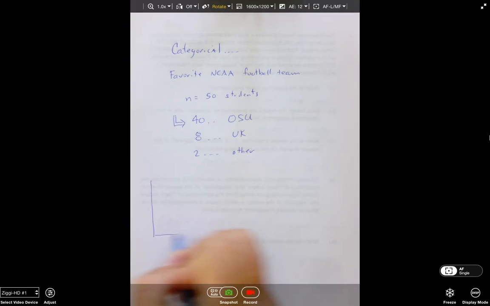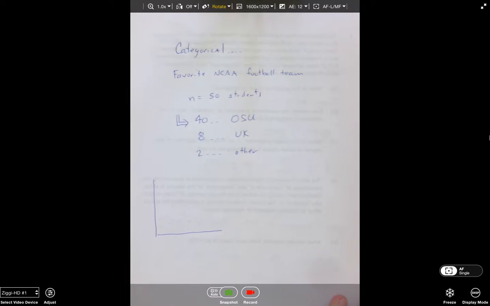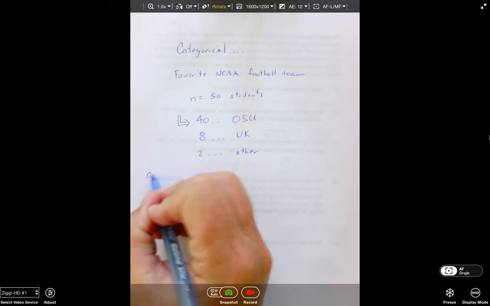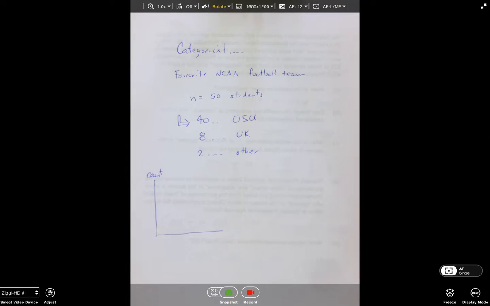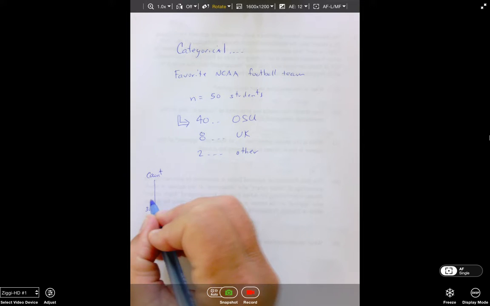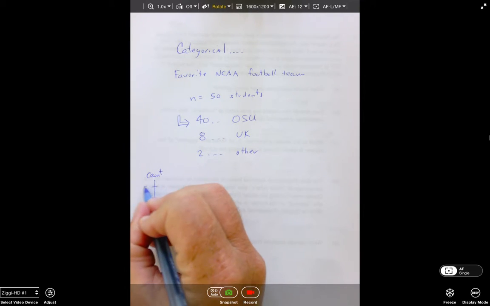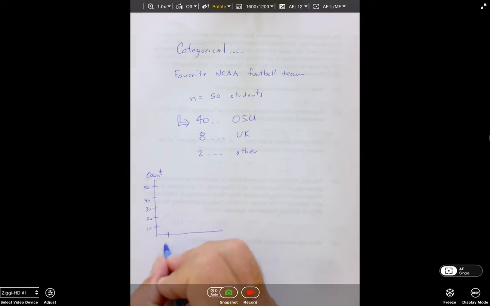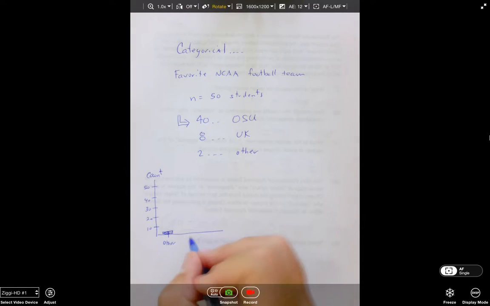One thing we could do is create a bar chart. We could set this up either as a frequency or a count. I'm going to set it up as a count. 40 is my biggest. There's no natural ordering. Bars don't touch.